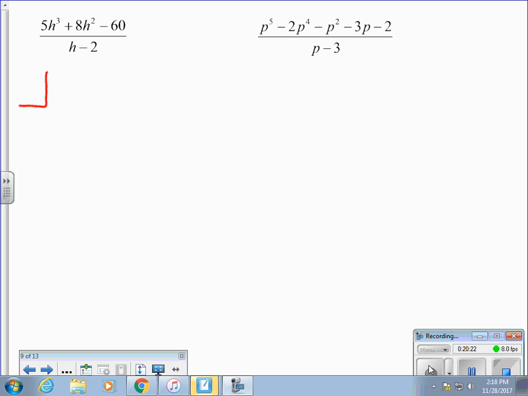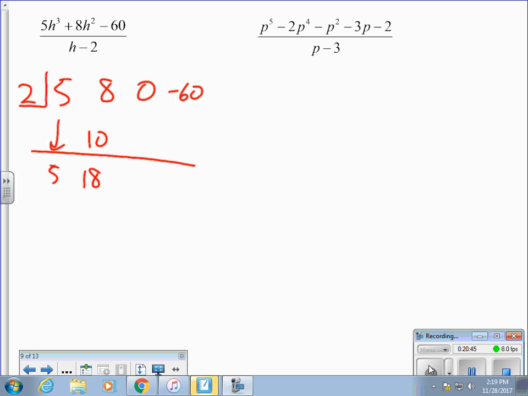Set up my little box as a 2. And then I have 5h cubed, 8h squared, no h's, and a minus 60. Yes, you have to have a 0 in this one for your h's. Bring down the first one, 5. 2 times 5 is 10. Add them together, I get 18. 2 times 18 is 36.